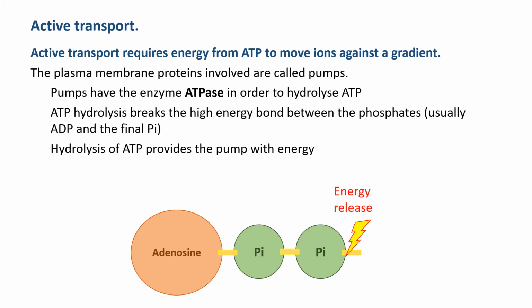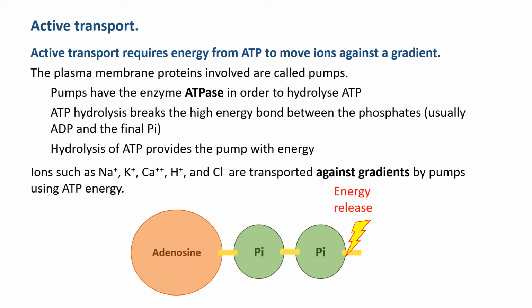This hydrolysis of that bond provides the pump with energy in order to pump something against a gradient. And we can pump things like sodium, potassium, calcium, hydrogen, our good old protons, and chlorine. These can be transported against gradients by pumps using ATP energy.